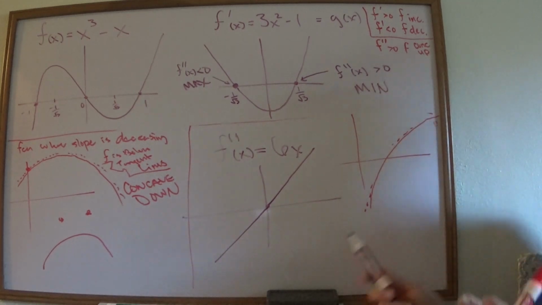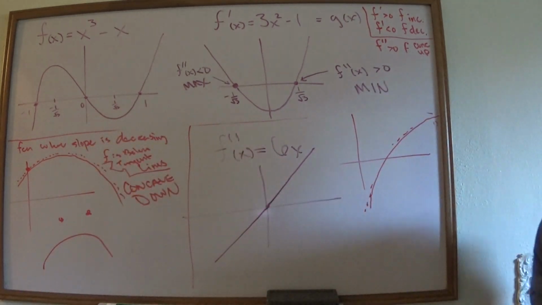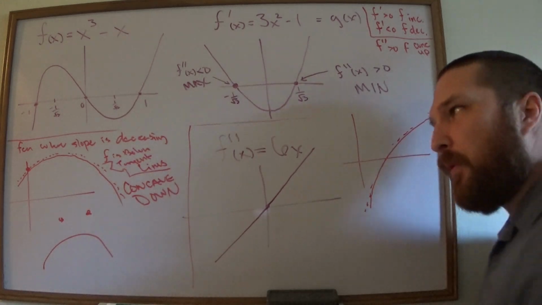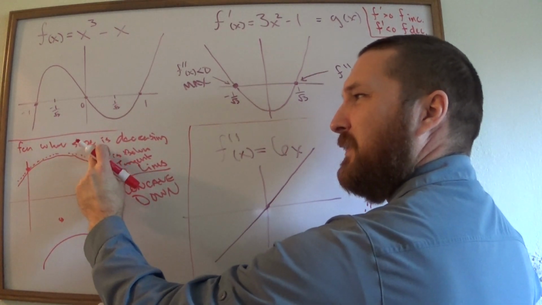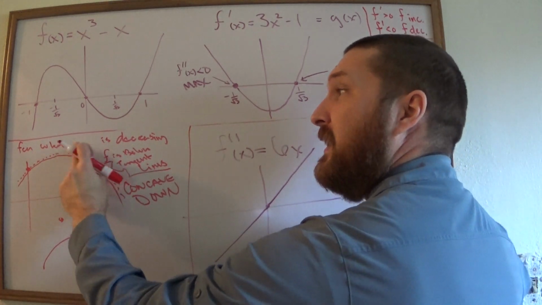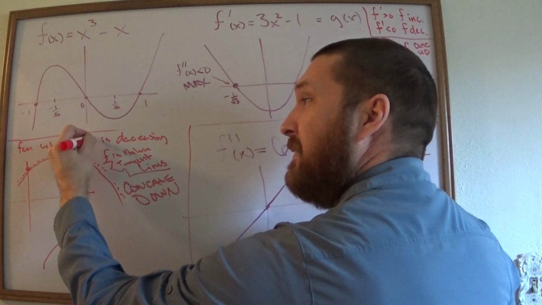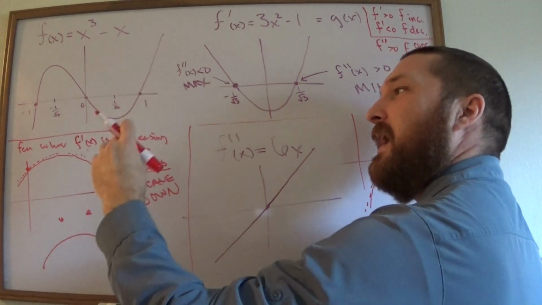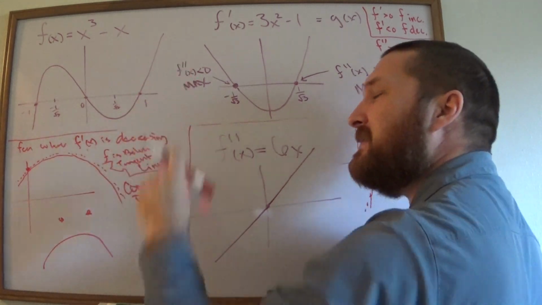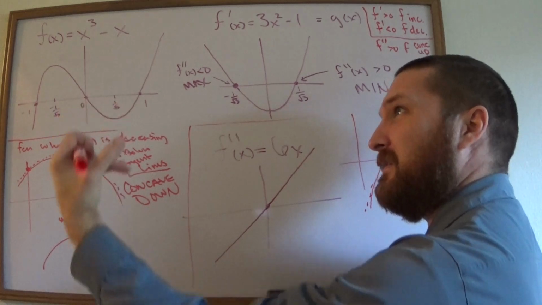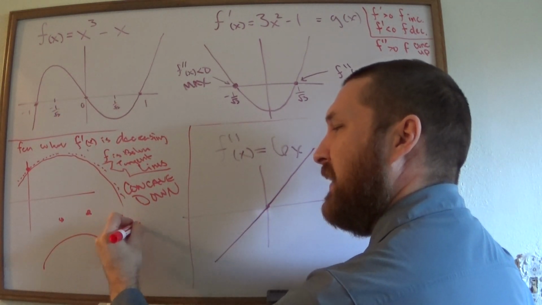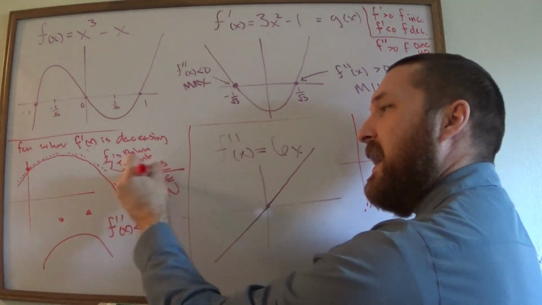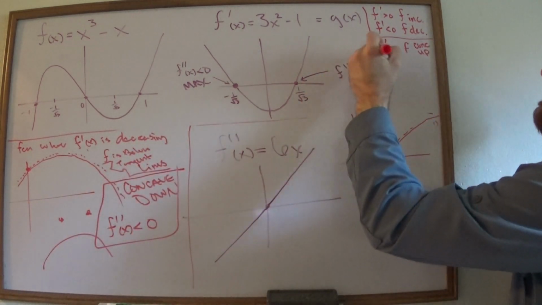What does concave down mean? It means that the slope is decreasing. What does slope decreasing mean? What is slope in terms of calculus? Slope is the derivative, so f prime is decreasing. If f prime is decreasing, its derivative is negative. So if f double prime of x is negative, then f is concave down.